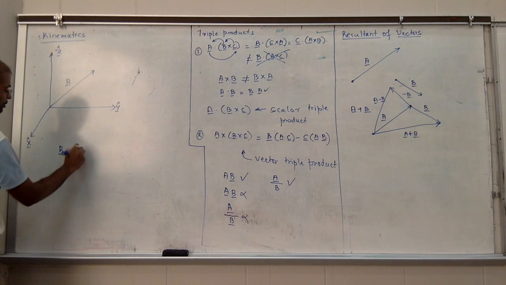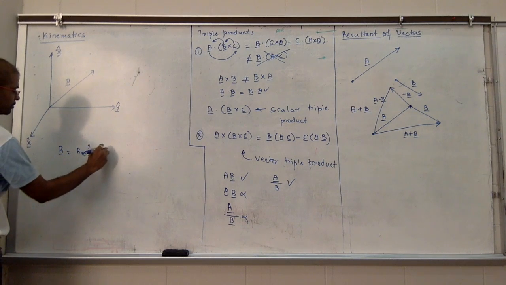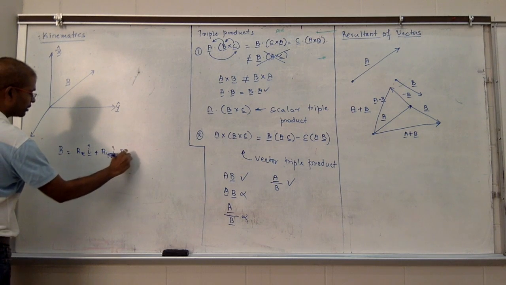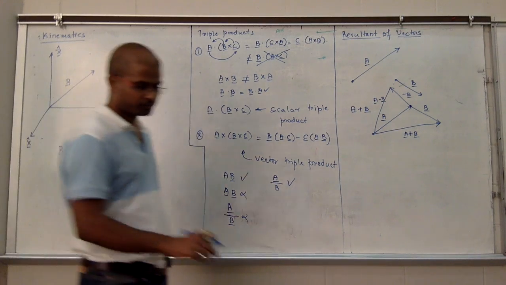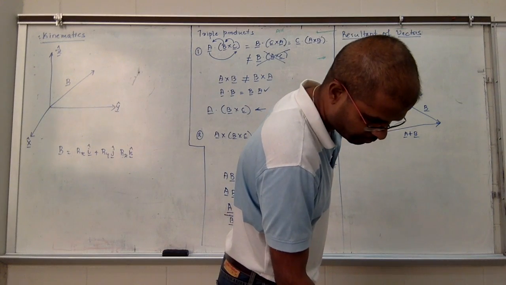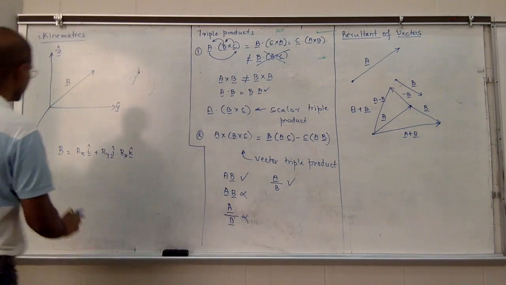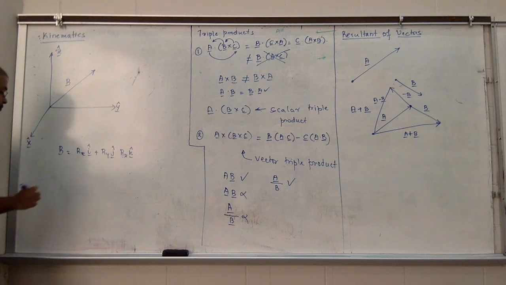You write Rx i plus Ry j plus Rz k. So this i, j, k are the x, y, z components. This is the position vector.